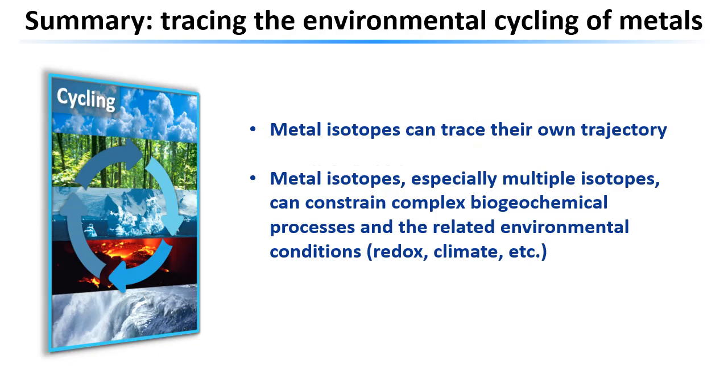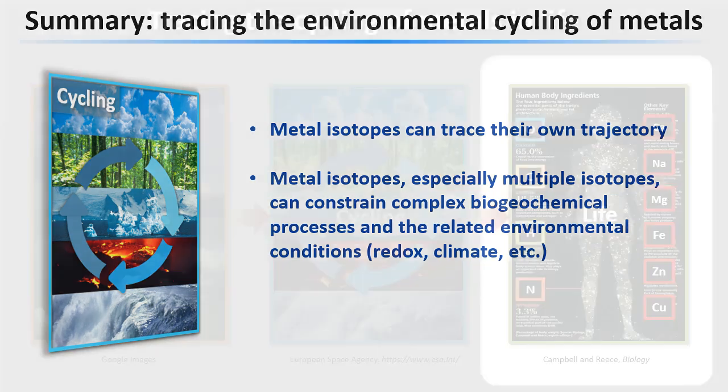So to sum up, metal isotopes can trace their own trajectory, and metal isotopes, especially multiple isotopes, can constrain complex biogeochemical processes and the related environmental conditions, for example, redox and climate changes.